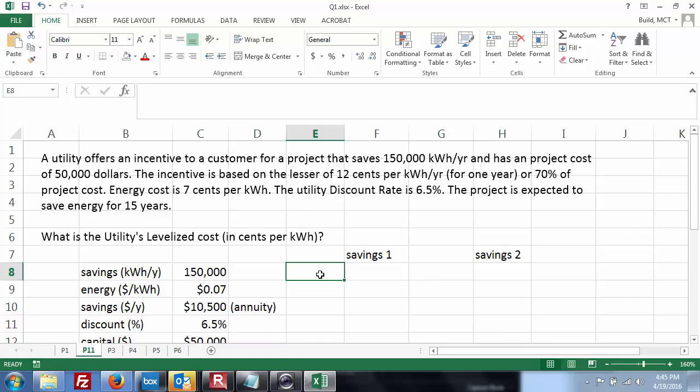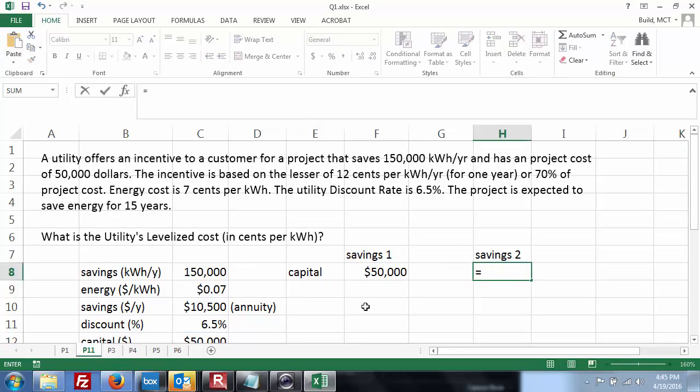So let's just put in the capital. In both cases, that just equals your project cost. Perfect.